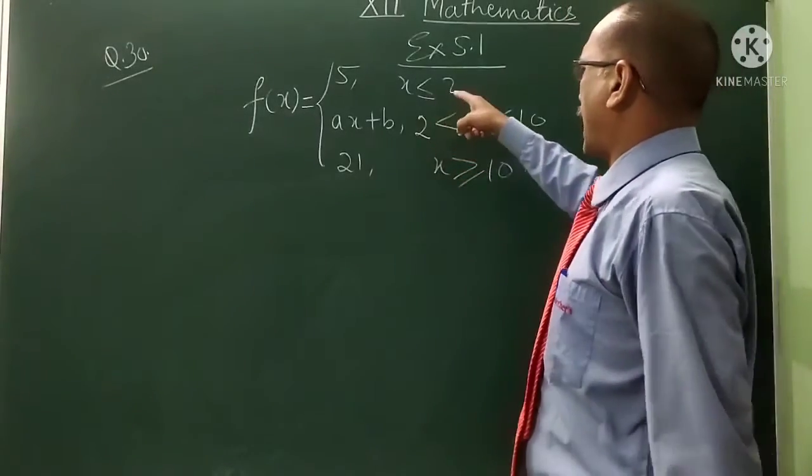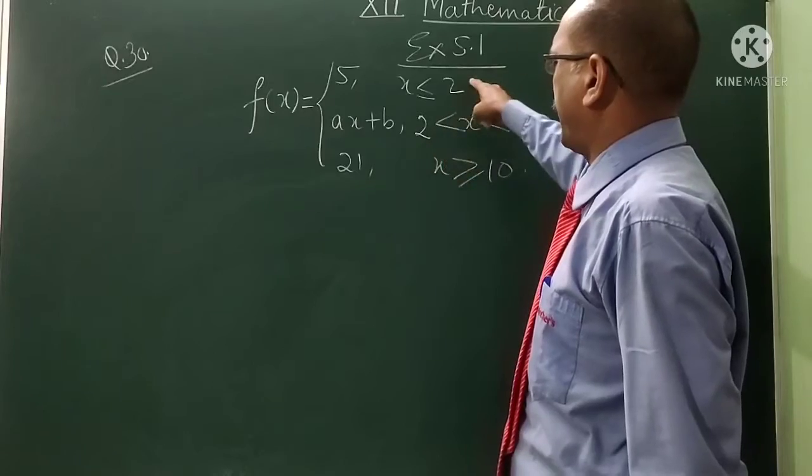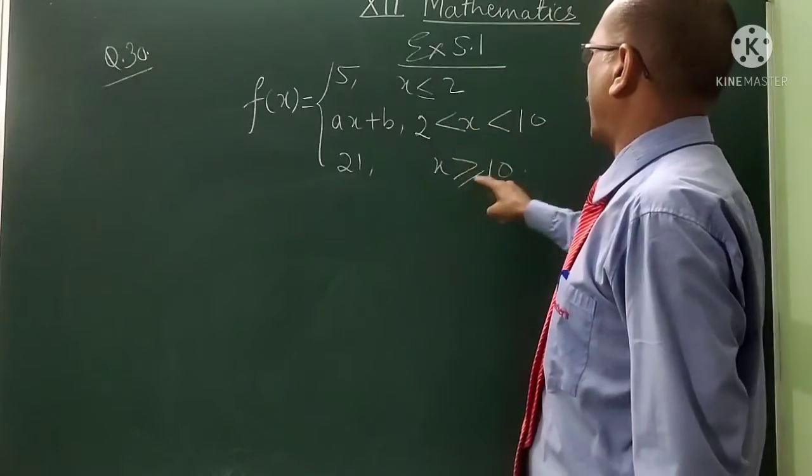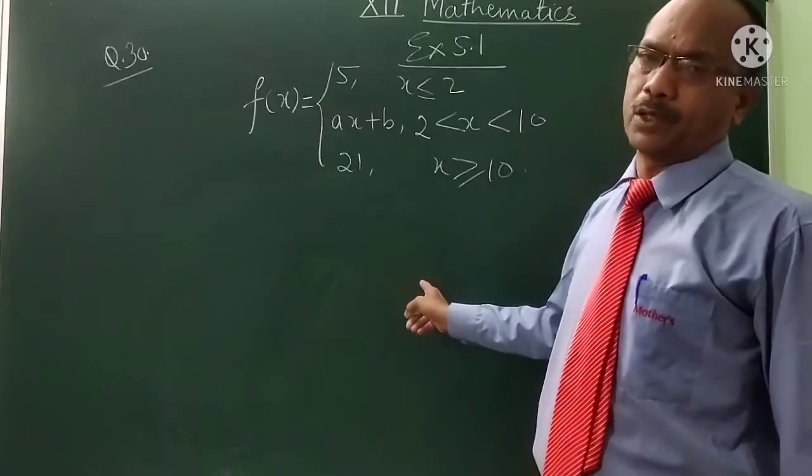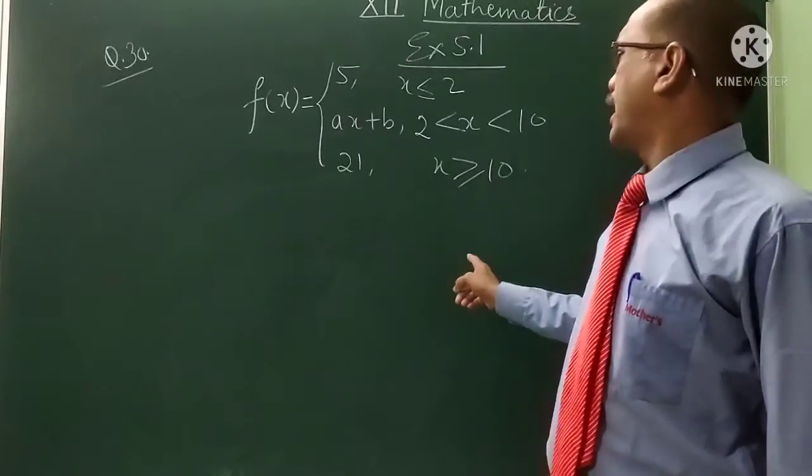Student, there are 2 points of continuity, x equal to 2 and x equal to 10. So let us find the continuity of the function at x equal to 2, then x equal to 10.